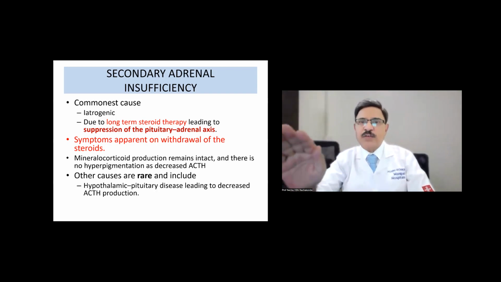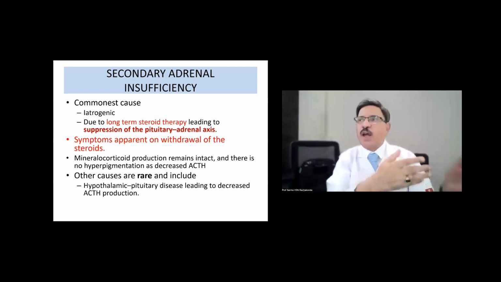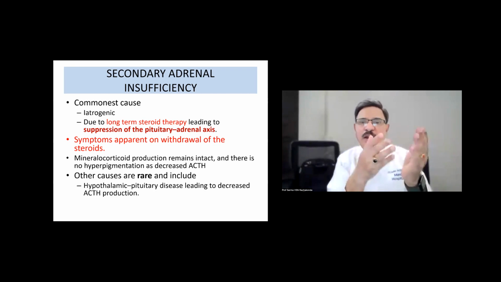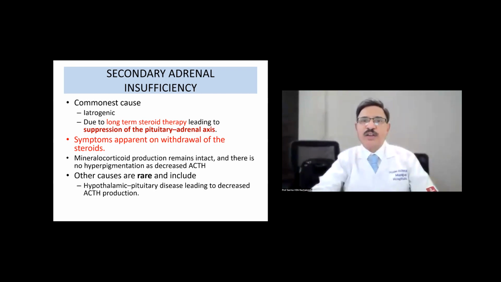The commonest offender is long-term steroid therapy with sudden withdrawal. There is no involvement of the mineralocorticoid system and no pigmentary disorder, and hypotension is also to a lesser extent. In mineralocorticoid deficiency, hypotension is pronounced, pigmentation is there, cortisol is not there, and mineralocorticoid also is not there.